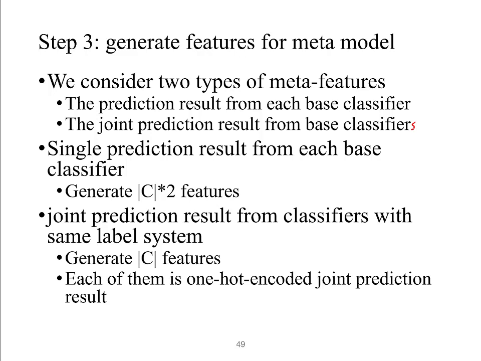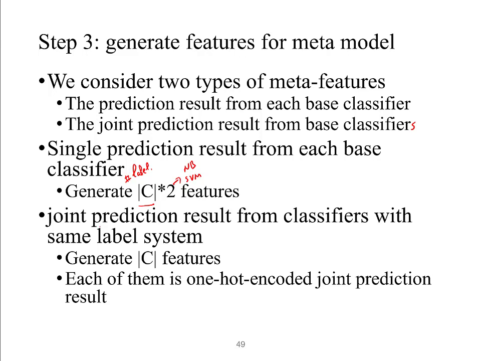For the single prediction result from each base classifier, we would generate C times 2 features, where C is the number of labels and 2 is naive Bayes and SVM. So we would have 6 features in total.